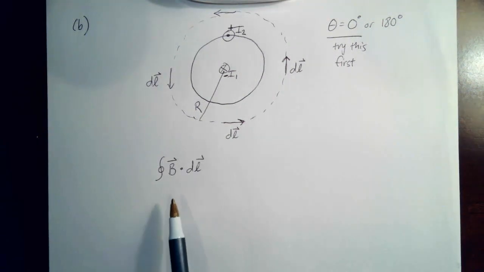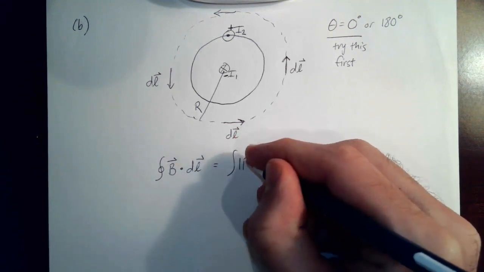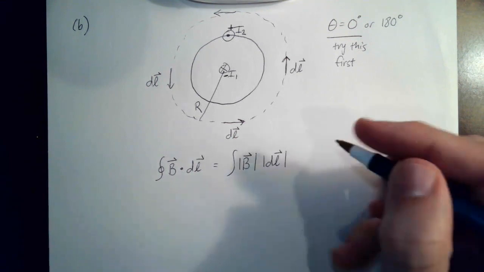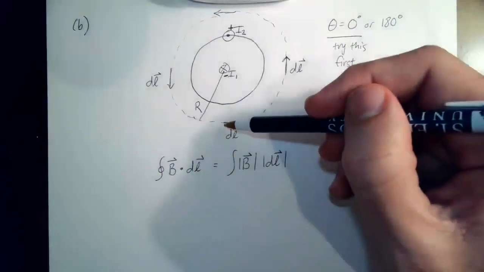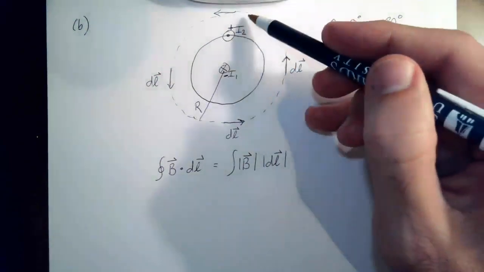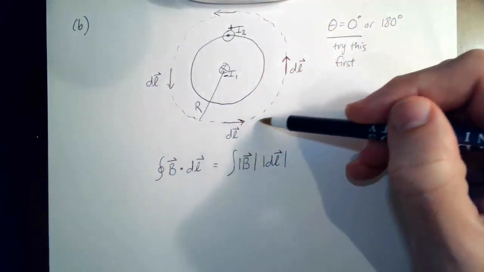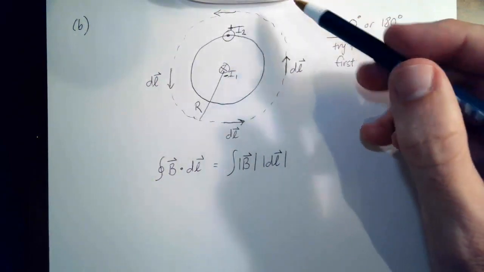All right, so the integral of B dot dl is going to be the magnitude of B times the magnitude of dl times the cosine of 0, which is 1. And B everywhere on this loop has to be the same because every point on this loop is the same distance from I2 and I1 as any other point.